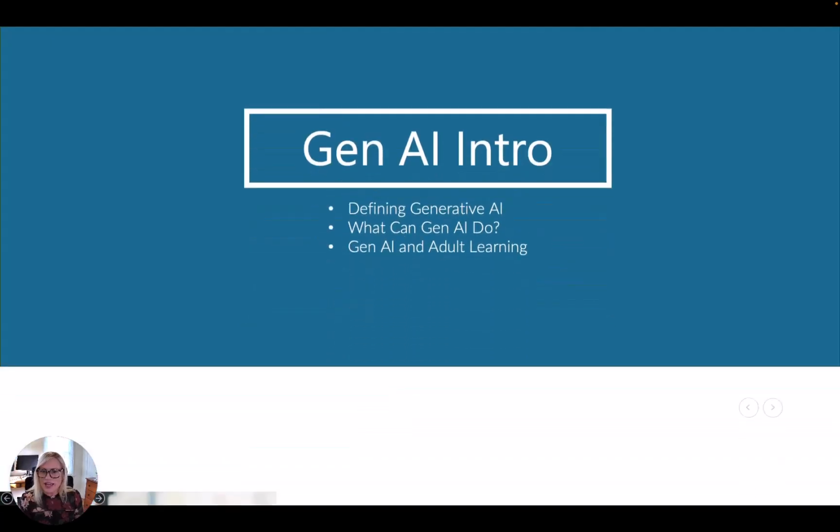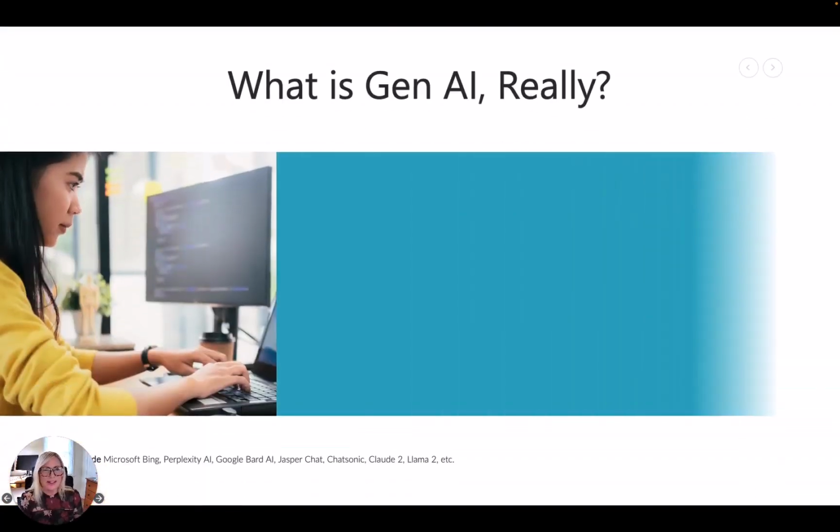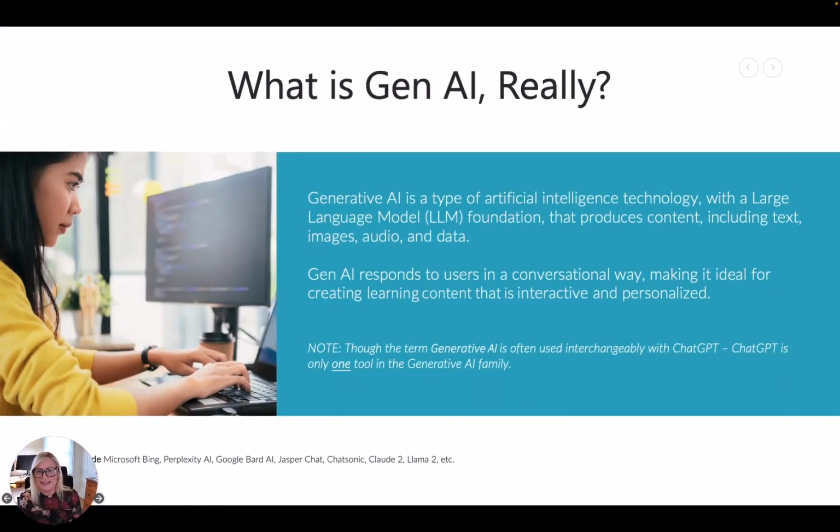So generative AI, an introduction. So what is it really? It's a type of artificial intelligence technology that uses a large language model foundation, and it produces content: text, images, audio, and data. And the thing about generative AI is it talks to you, the user, in a conversational way. So it makes it ideal for creating interactive and personalized learning.